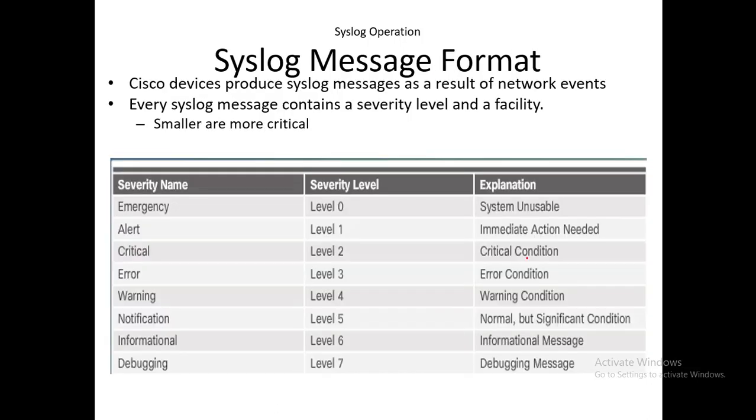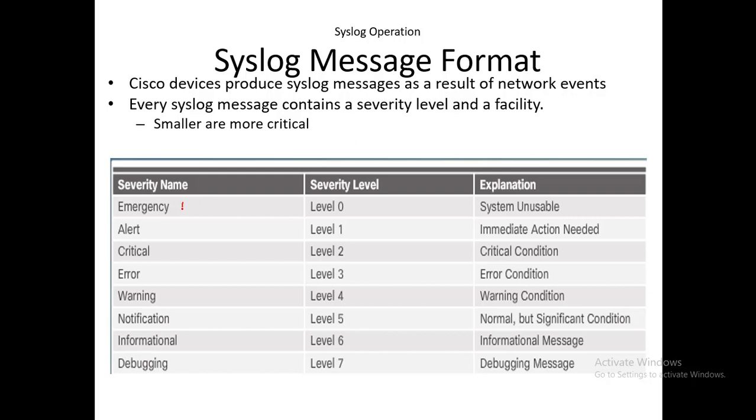So let's talk about the syslog message format. These are the different syslog message formats shown in this diagram. Cisco provides a variety of syslog messages for the occurrences of different events. So for every different activity or severity, there is another level and another message status.